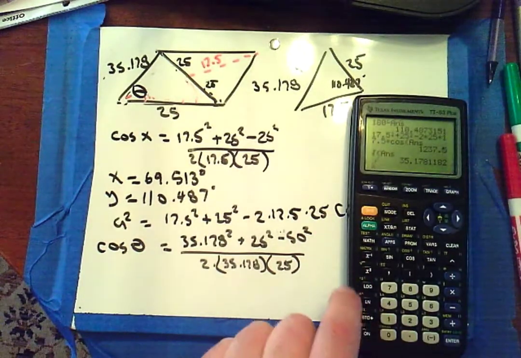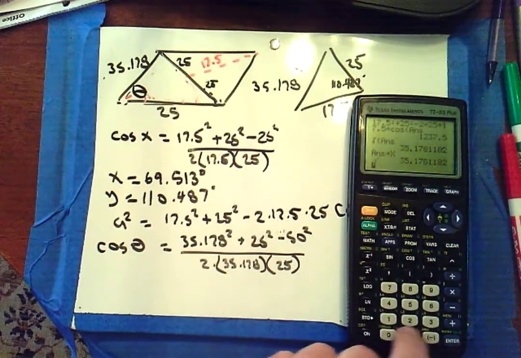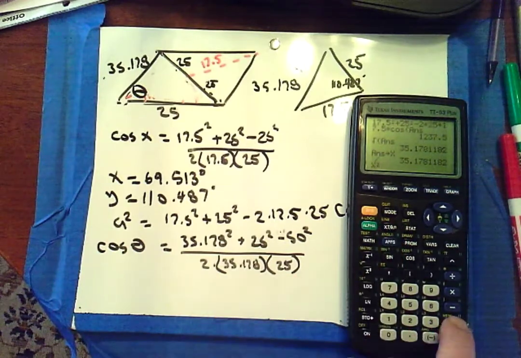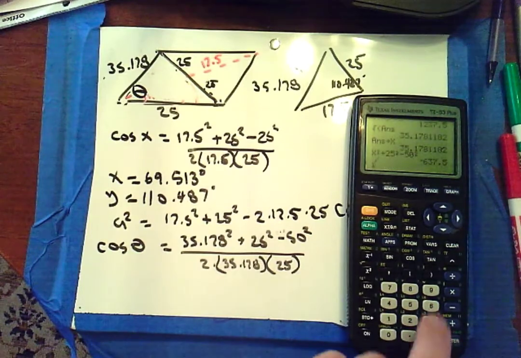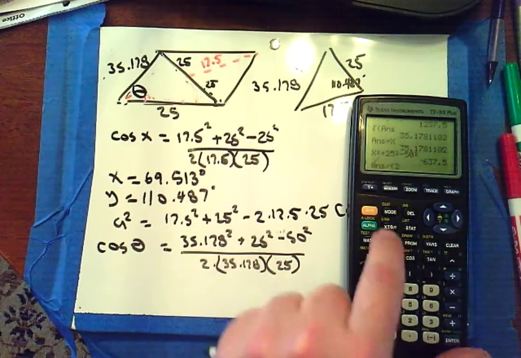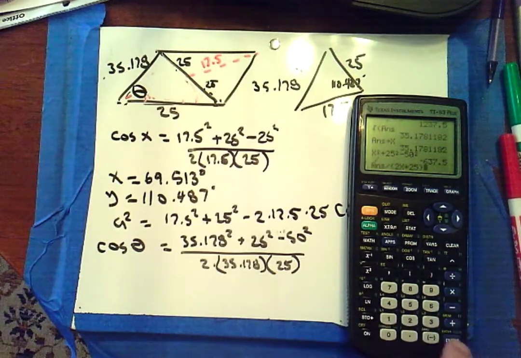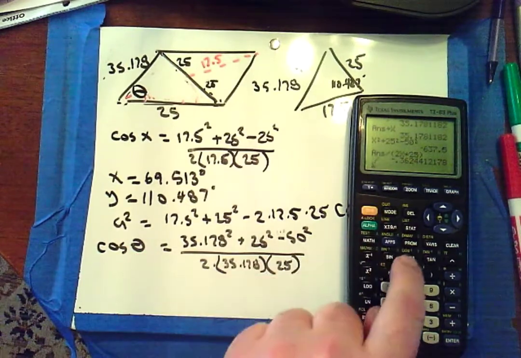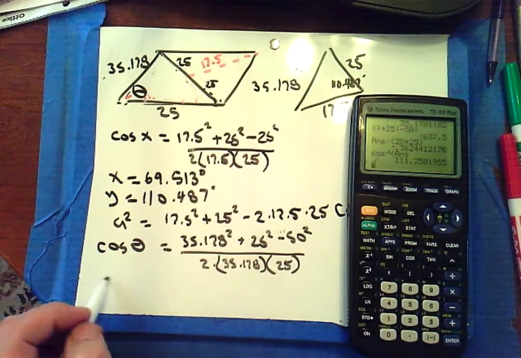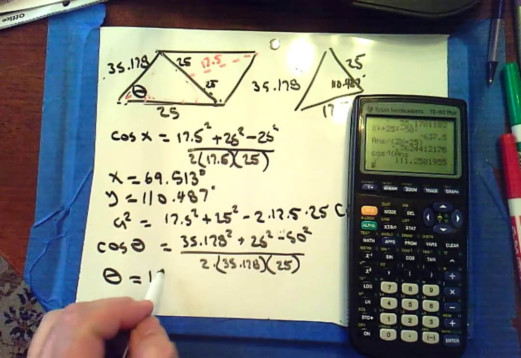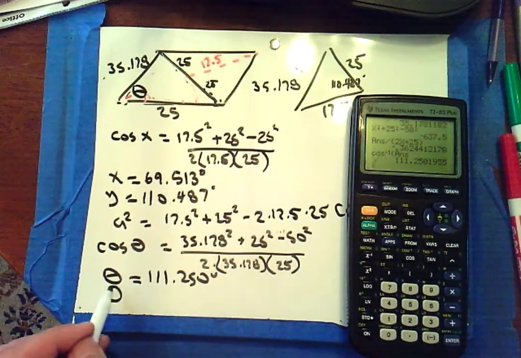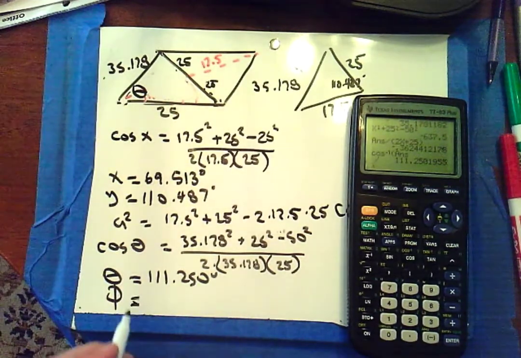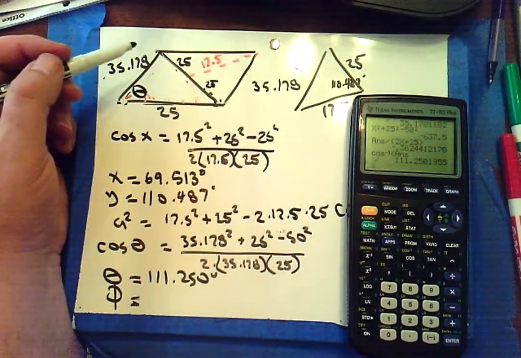I'm going to store this side in x, and say x squared plus 25 squared minus 50 squared, and then divide that by 2x times 25. But that's what cosine of theta is. Don't forget to do the inverse cosine, and I get theta is 111.250 degrees.